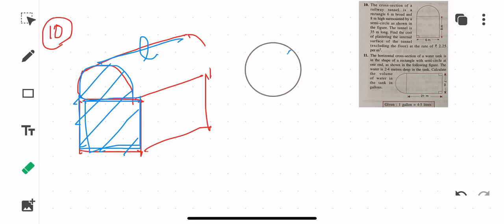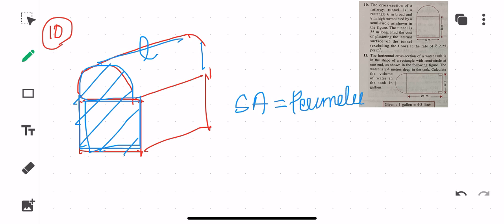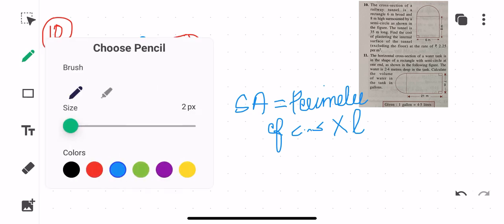If I talk about surface area, which is being asked in this particular question, the formula for surface area is given by perimeter of the cross section into height or length, whatever. So what is the perimeter here?